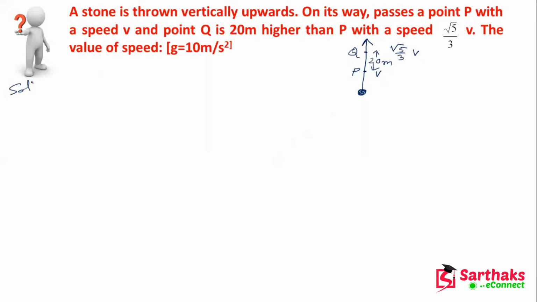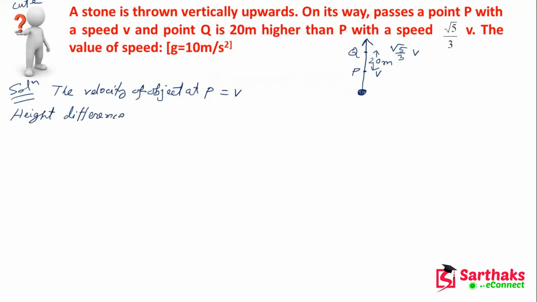So here, the velocity of the object at P equals v, and the height difference equals h, let it be 20 meters.